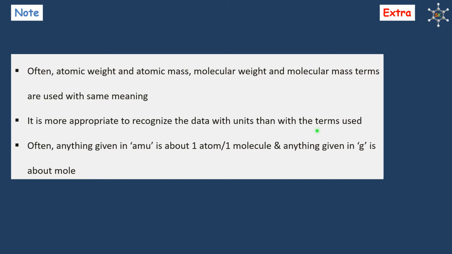Don't worry about the usage of terms, just look at the units. If something is given in grams, it is about a mole. If something is given in AMU, it is about one atom or one molecule. Same point is given here. Often, anything given in AMU is about one atom or one molecule, and anything given in gram is about a mole.